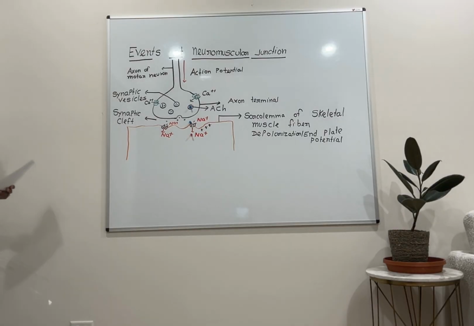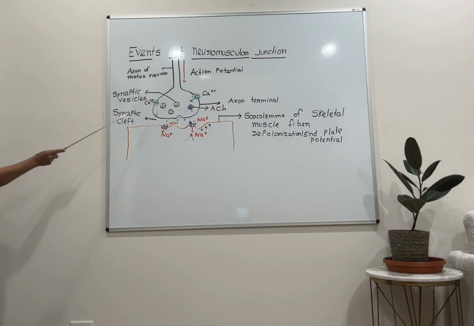Now let us do some concept check questions. Synaptic vesicles in the axon terminal of the motor neuron contain what type of neurotransmitter? Answer: synaptic vesicles in the axon terminal contain the neurotransmitter acetylcholine.